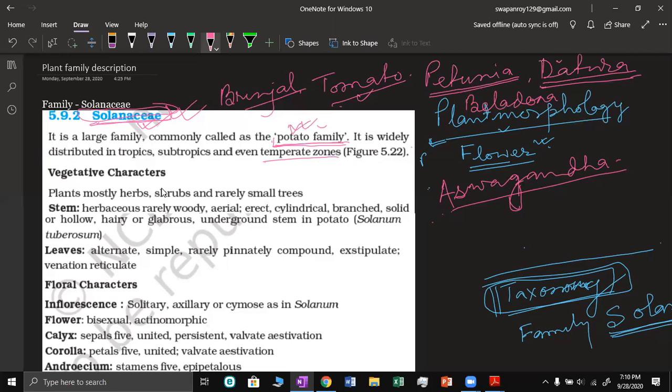Now, as we know, every plant has two types of structure. One is vegetative structure, another is reproductive structure. The reproductive structure is the flower, and vegetative is root, stem, leaves. In the vegetative part, the plants are mostly herbs.